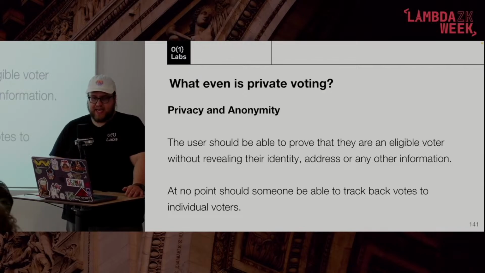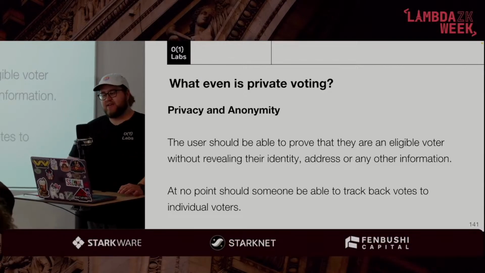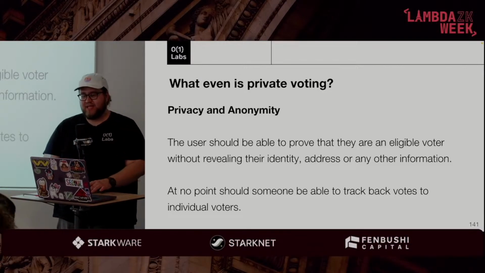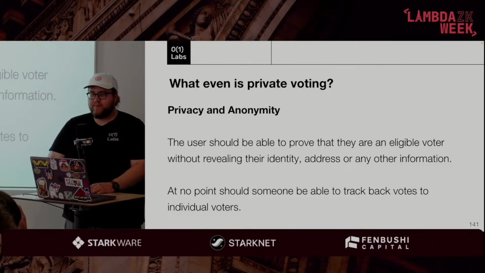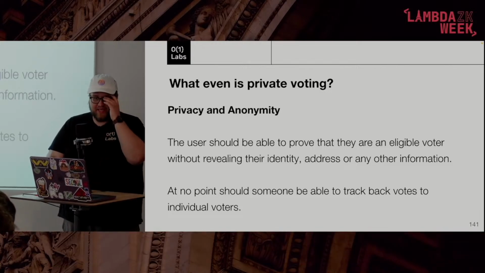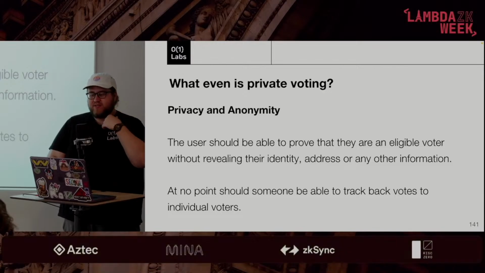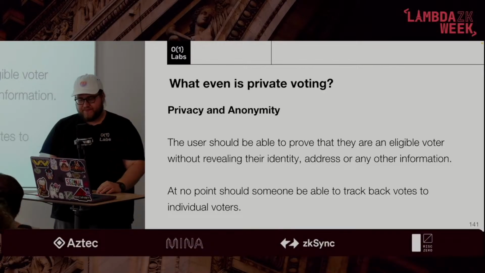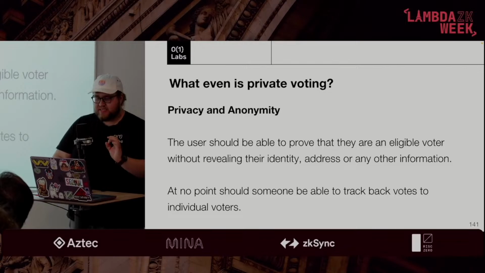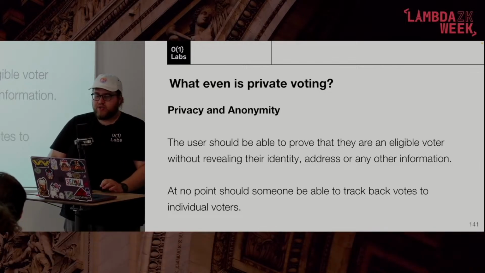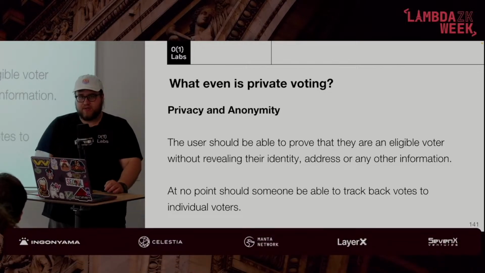Privacy is the most obvious use case. It means that a user should be able to prove their identity without revealing their identity, address, voting weight, their on-chain account data, whatever. So we want to keep that private. Additionally, no one should be able to track back votes to individual voters.